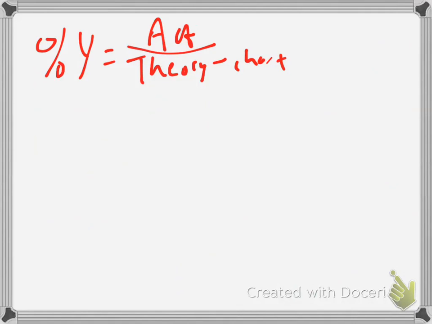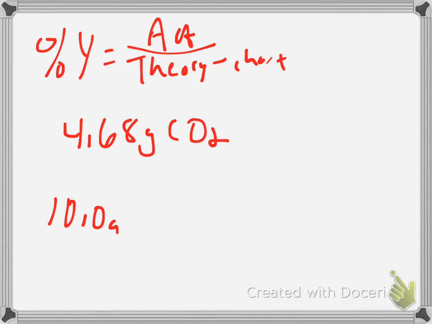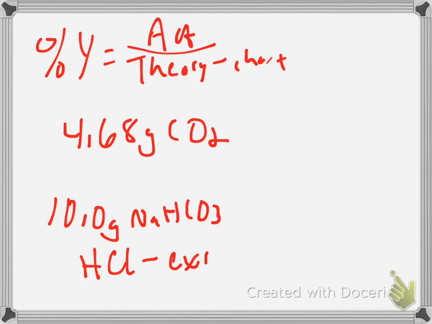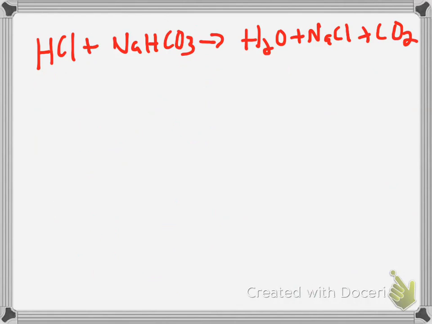If 4.68 grams of carbon dioxide are collected when 10 grams of sodium hydrogen carbonate reacts with excess HCl. So this excess part is the key. We're going to go back.